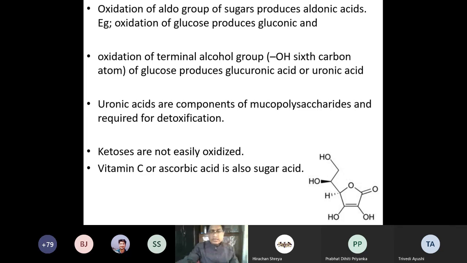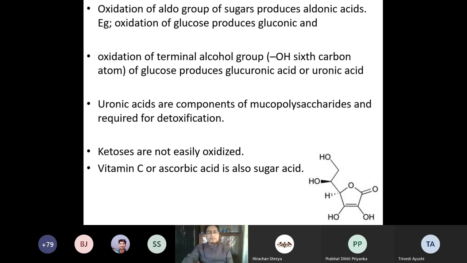Why we have been focusing on this is that later on, while studying polysaccharides, we have to study the uronic acids. Uronic acid is produced after the oxidation of the last carbon. If the first carbon is oxidized, this is aldonic acid, and in the case of glucose, gluconic acid. And if the last carbon is oxidized, this is uronic acid, and in the case of glucose, this is glucuronic acid.